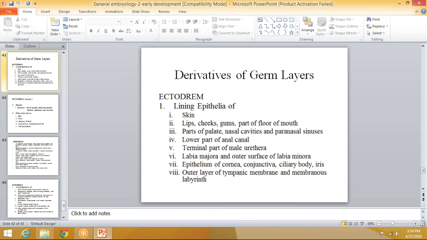These are the diagrams. I am going to tell you about the derivatives of the germ layers. It is very important. Please go through these derivatives. Ectoderm will give rise to the lining epithelium of all the ectodermal structures. Please go through skin, lips, cheeks, floor of mouth, palate, nasal cavity, lower part of anal canal, terminal part of male urethra, labia minora, labia majora, epithelium of eye, that is cornea, conjunctiva, ciliary body, iris, ear, tympanic cavity, tympanic membrane, and membranous labyrinth.